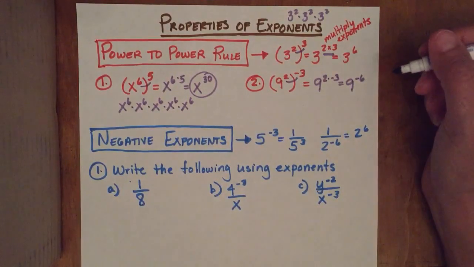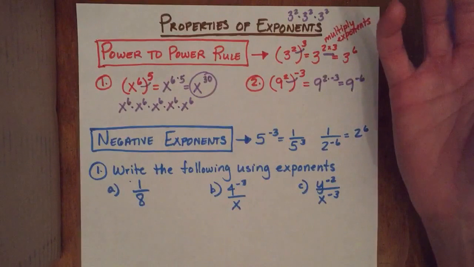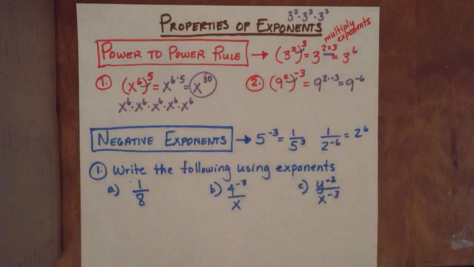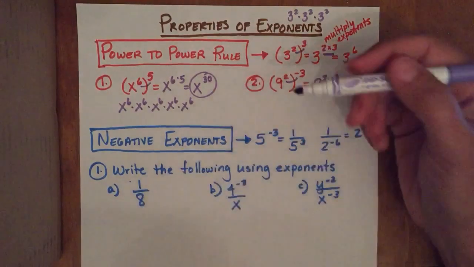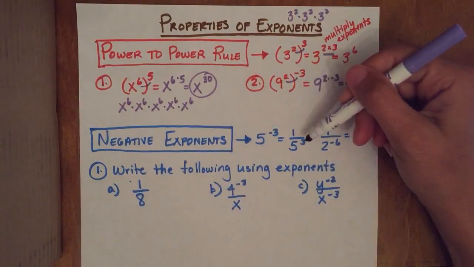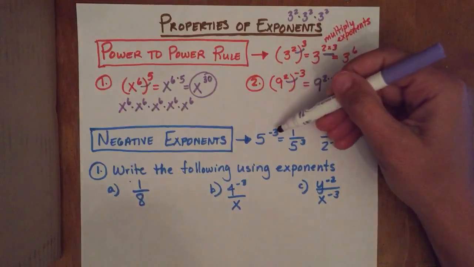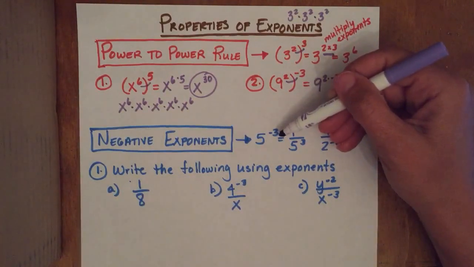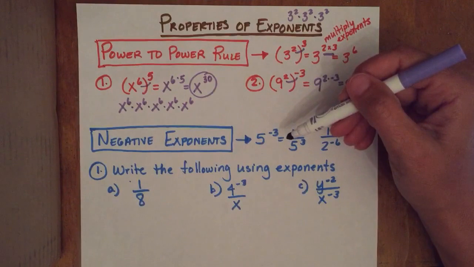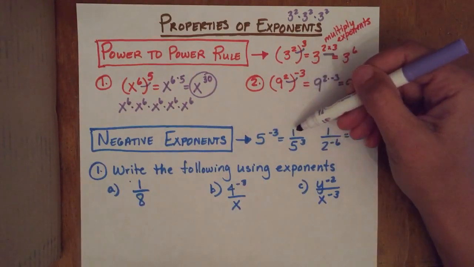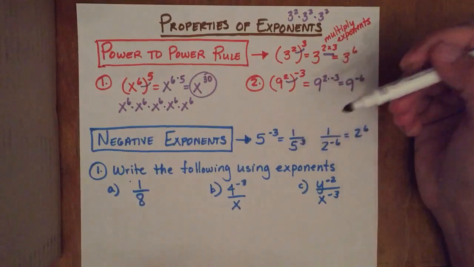So let's drop down and look at negative exponents. Negative exponents basically means if you've got a fractional expression, a rational expression, meaning it's in fractional form, when you have a negative exponent, if you want to make that exponent positive, you move the entire term, the base and the exponent, to the other portion of the fraction.